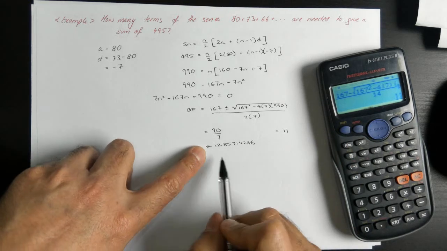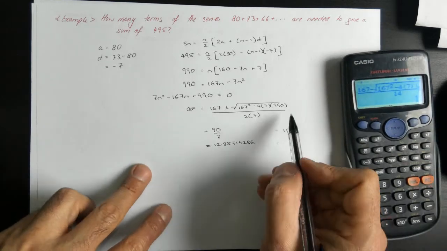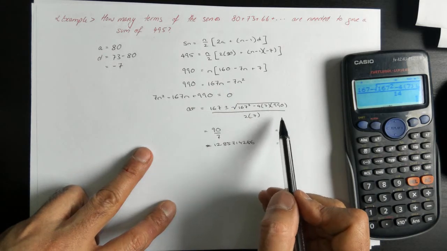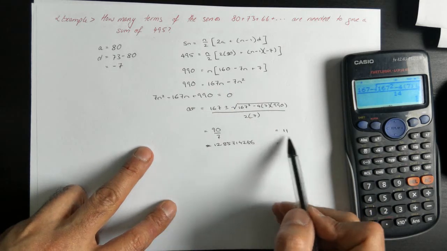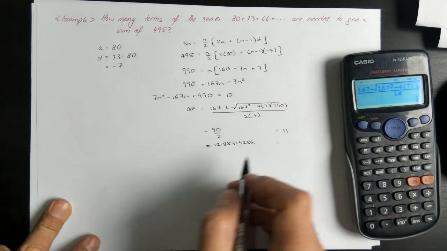So because this is a quadratic, the sum of 495 happens straight away after the 11th term. Yeah. So in this situation, I tested both sides.